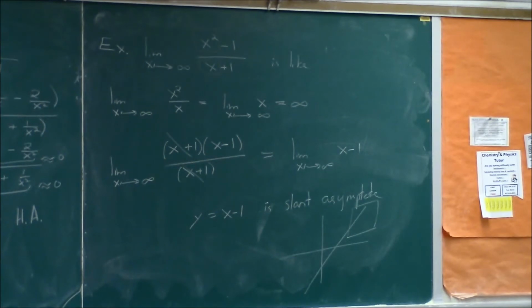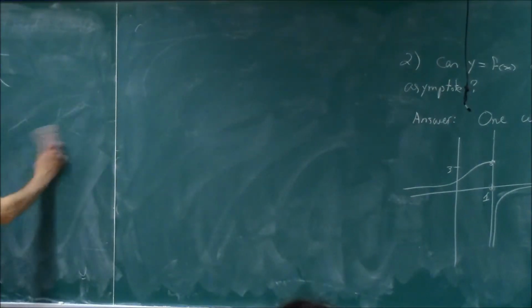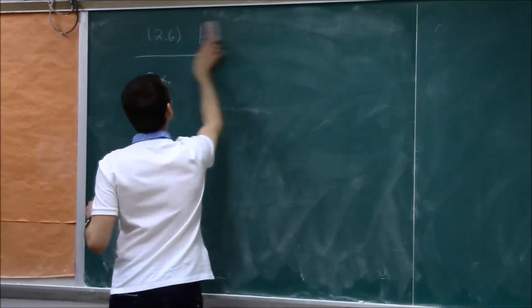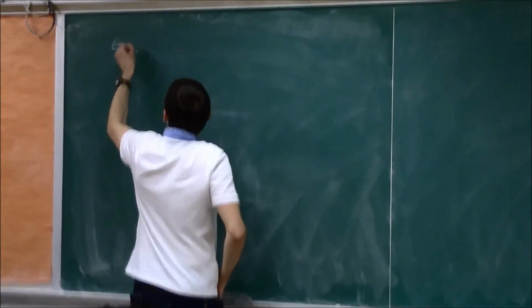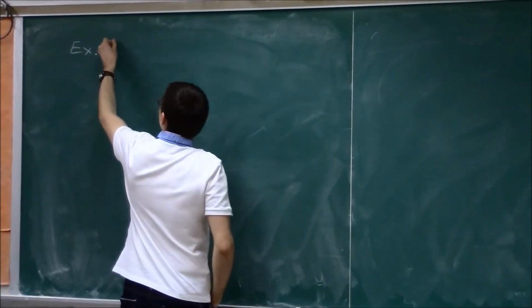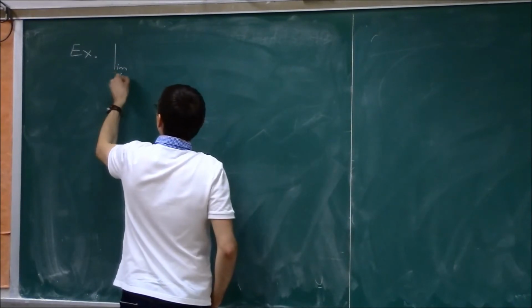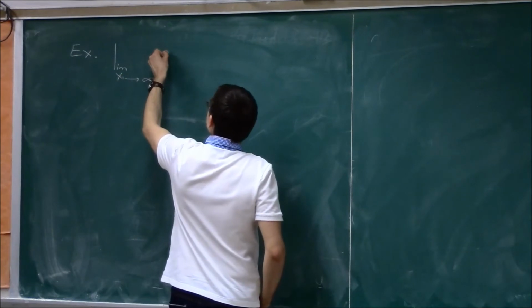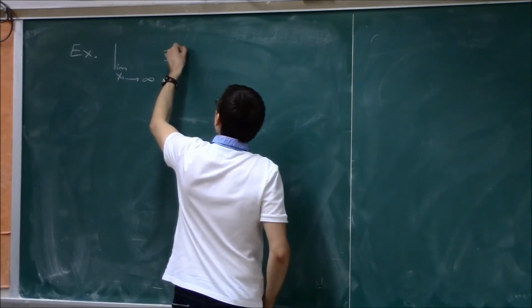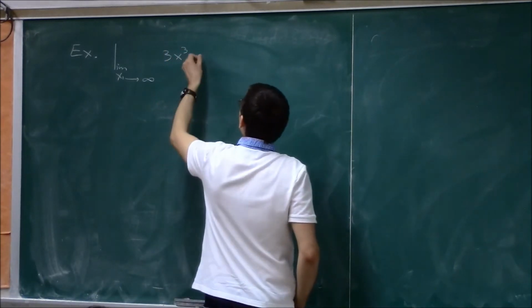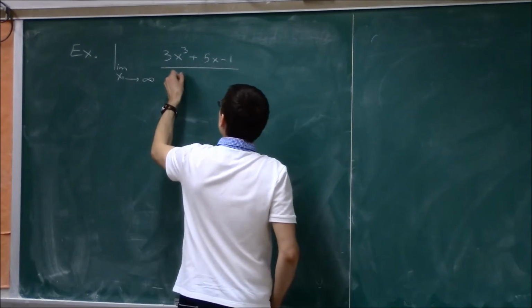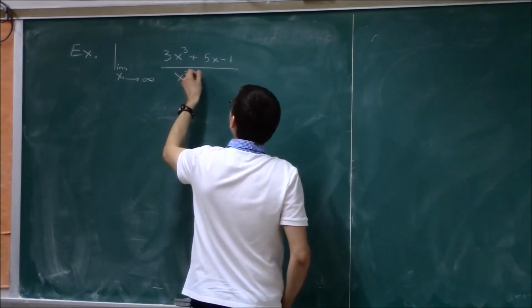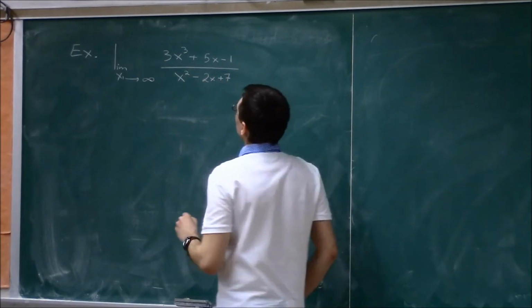Let's give one more example and try to predict what is our slant asymptote, if we have one. So suppose we have this limit.